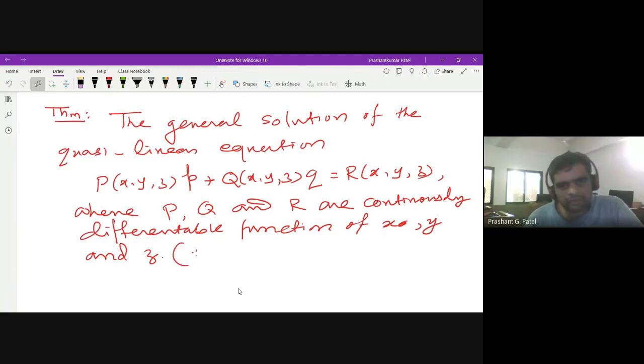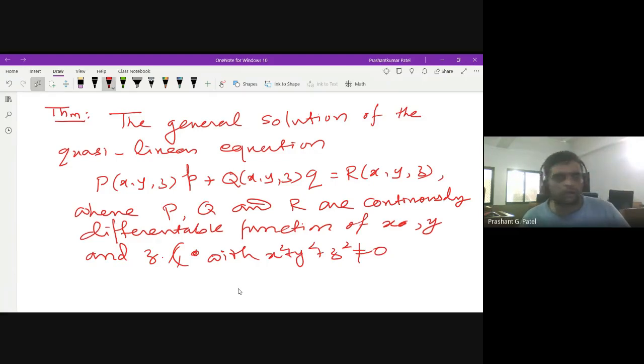That is, x square plus y square plus z square is not equal to 0. That means all of them will not be 0, so we are not talking about the zero point.